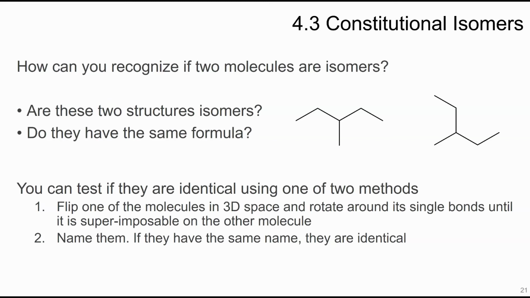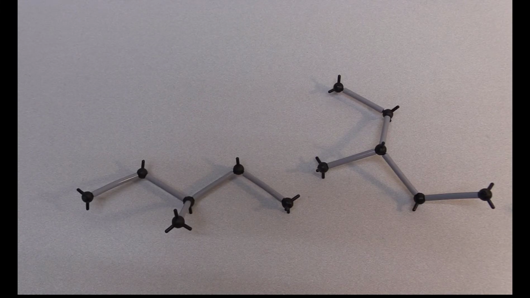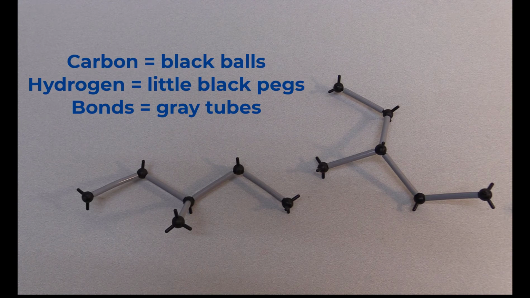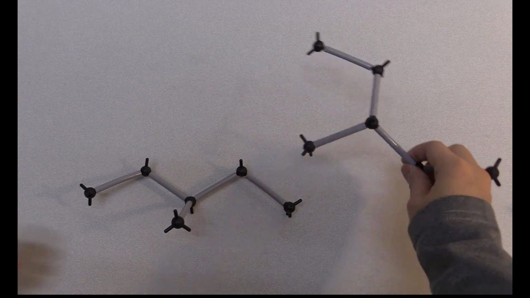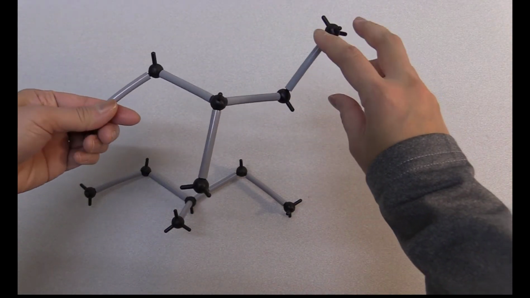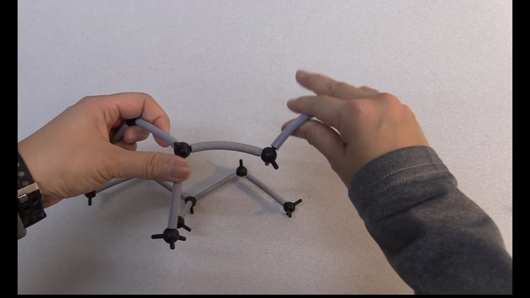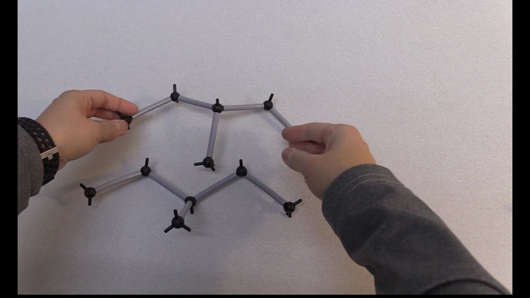One of them is to flip the molecules in 3D space and rotate them around their single bonds until one is superimposable on the other molecule. So if you look at these 2 molecules that I've built here, they kind of look different, but if I pick one of these up and rotate my bonds around a little bit, now they look exactly the same.